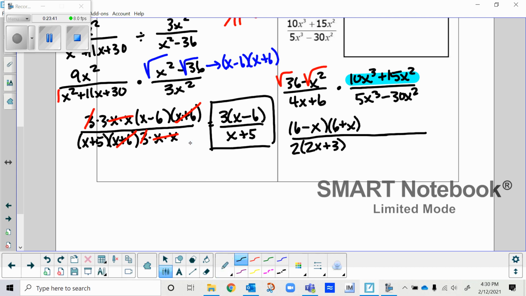So that is a GCF because there's only 2 terms. The 10 and the 15 have a 5 in common. And x cubed and x squared have x squared in common. And then what's left over in the first term after I divide that out is just 2x. And in the second term is just 3.